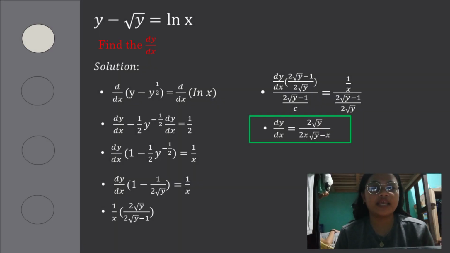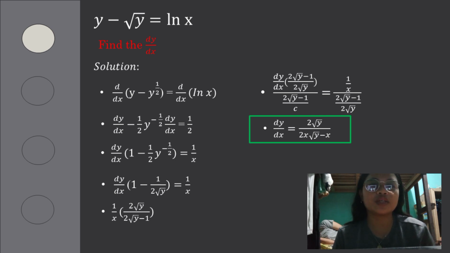So d over dx times y minus y raised to 1 half. So nahimo na siyang y raised to 1 half diri because gitake na to ang ihang square root. Then we derive the next equation, which is d over dx times ln times x. So mahimo na siyang dy over dx negative 1 half times y raised to negative 1 half.